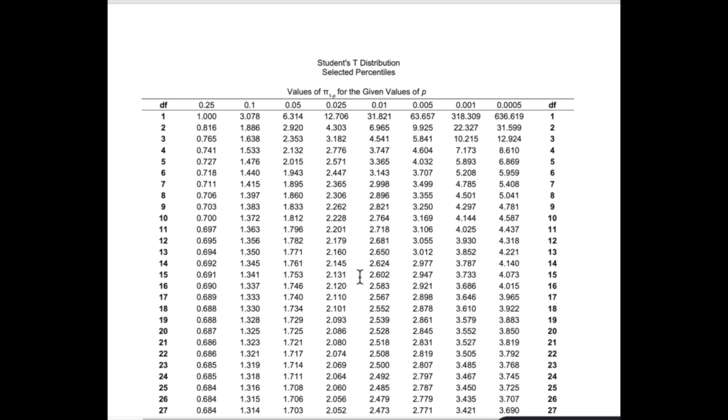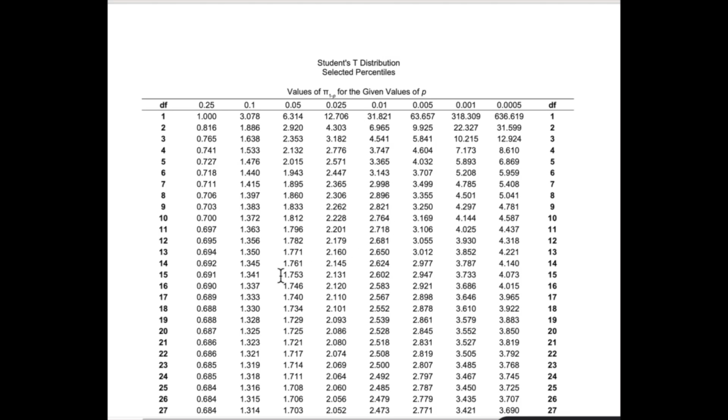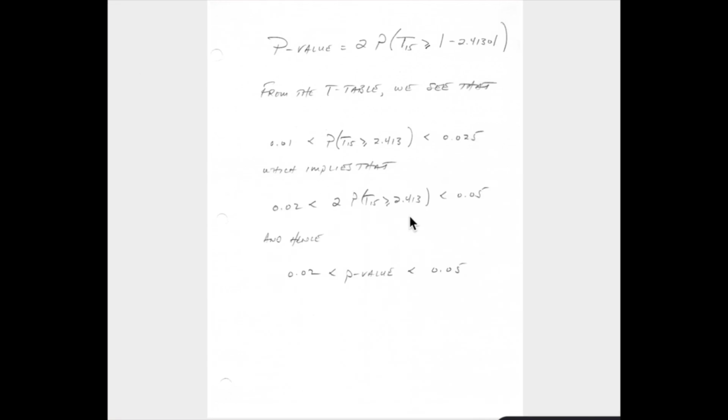And so therefore it follows that the probability that a t-random variable with 15 degrees of freedom is greater than 2.4130 has to be between 0.01 and 0.025. And so that is the basis for what I've got written right here.